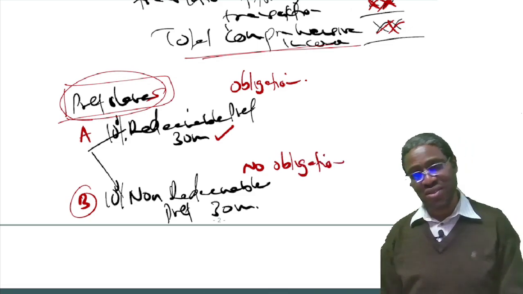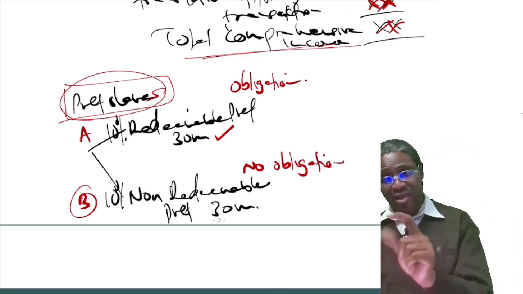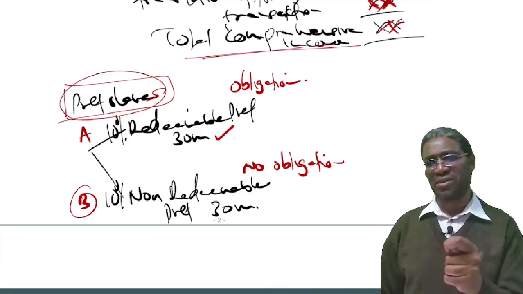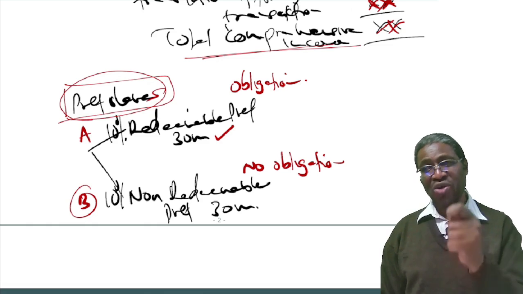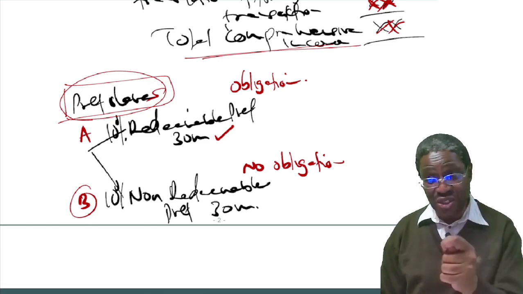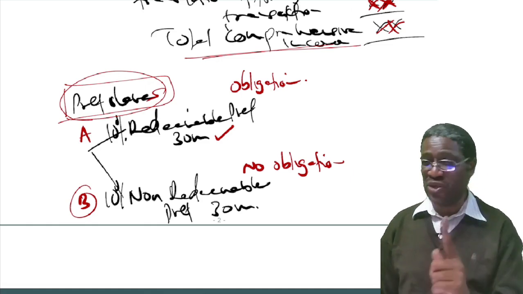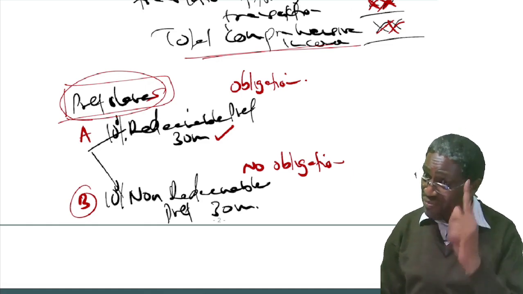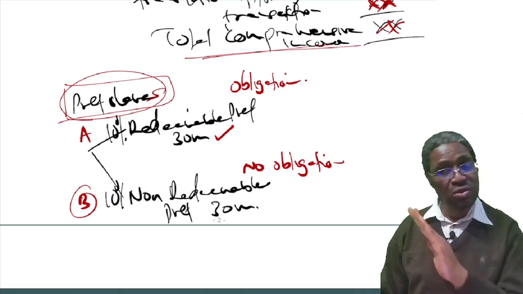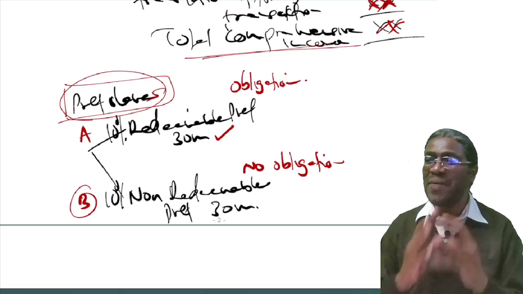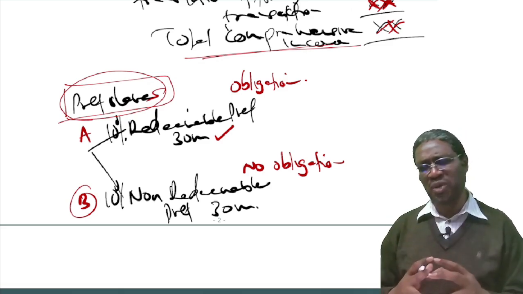Therefore, because you, company A, have an obligation to pay back the 30 million, you will not take it to the balance sheet as part of capital. Why? Because to them, it's a liability. They have an obligation to pay back.